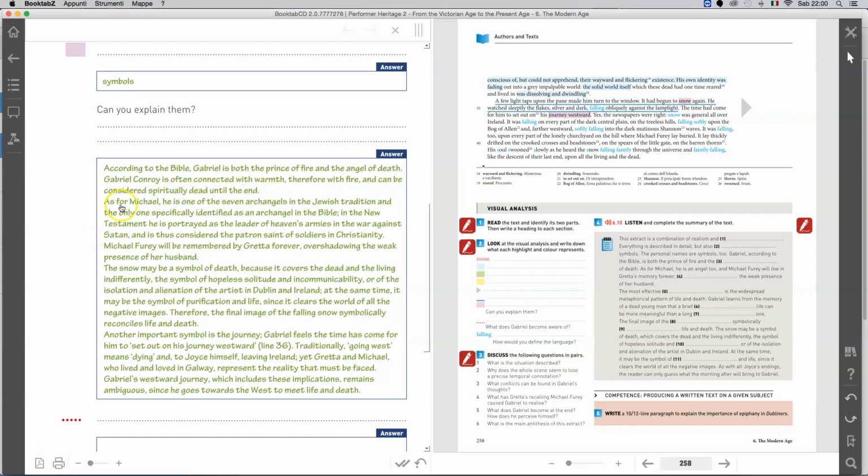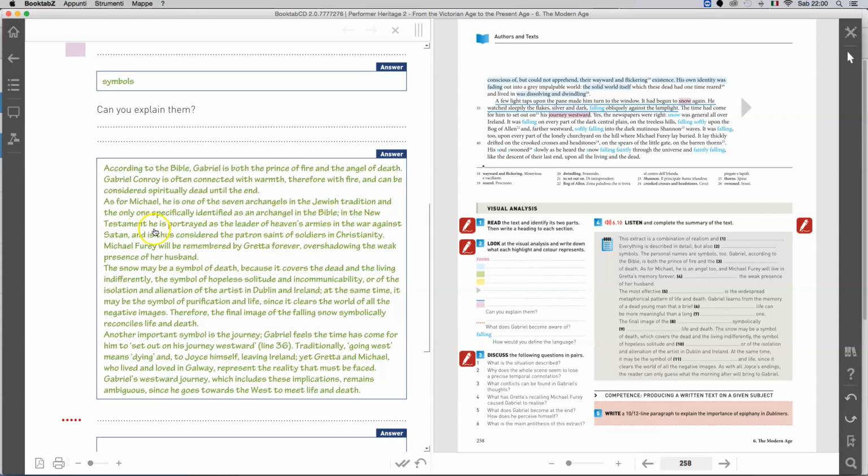As for Michael, the young man who died for Greta, he's one of the 7 archangels in the Jewish tradition, and the only one specifically identified as an archangel in the Bible.